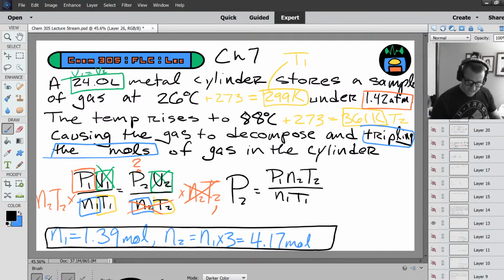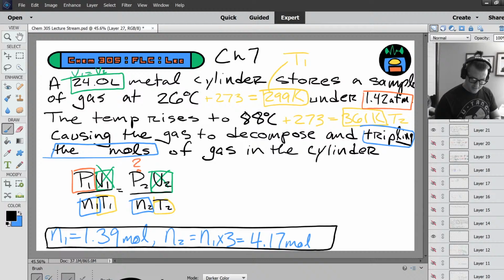All right, we have all of these quantities. We just need a little more space.